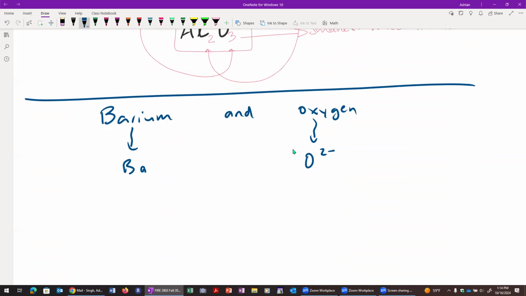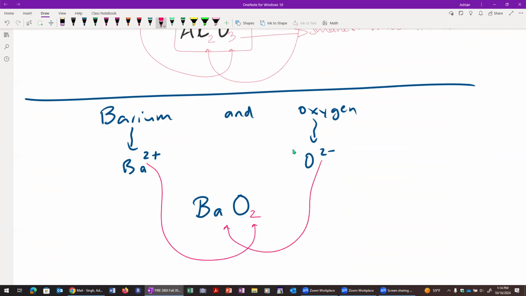It's a couple elements further down. So it's in group 2, and it's a metal, so it's going to be positive, 2 plus. So if I do my cross charge again, metal, non-metal, I write their symbols. And then if I do my crisscross, the 2 here becomes a subscript on the oxygen. The 2 on the oxygen becomes a subscript on the barium.